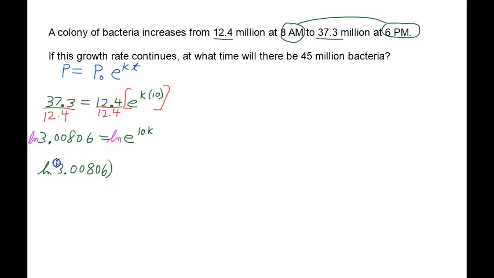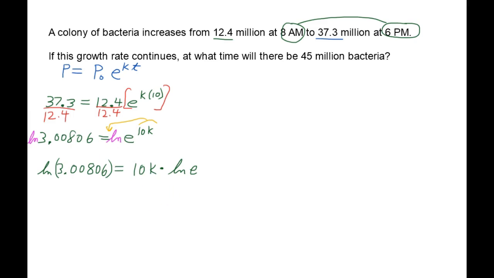I'll put that in parentheses. That equals, now we can use properties of logarithms and say this exponent can get moved out front. So it's 10k times the natural log of e.